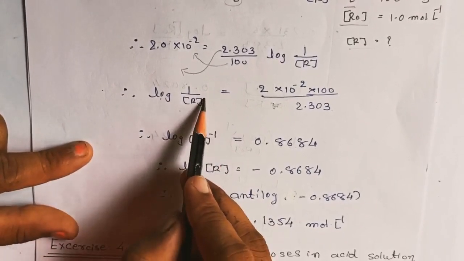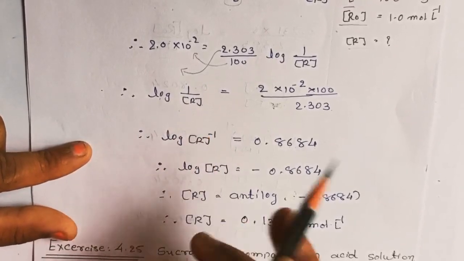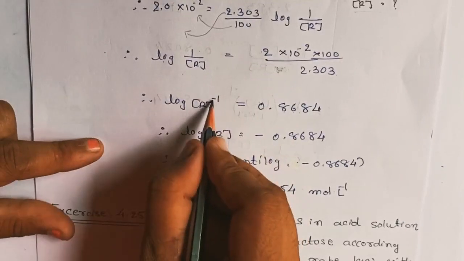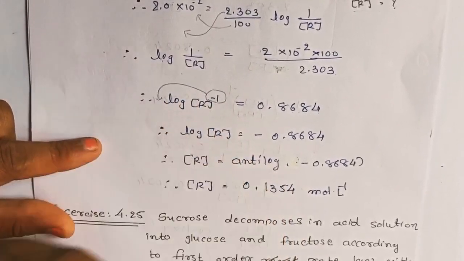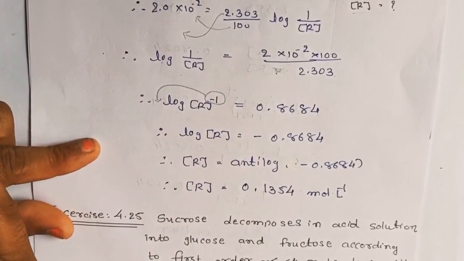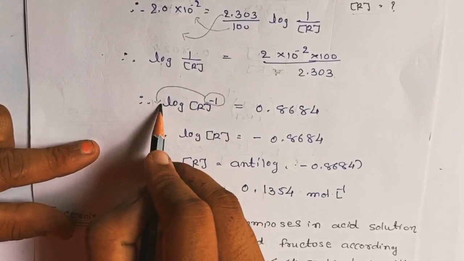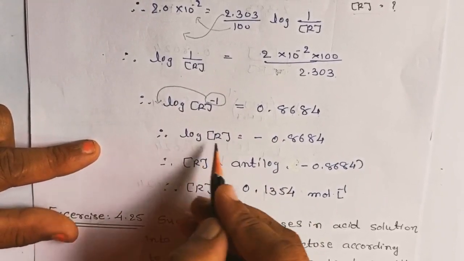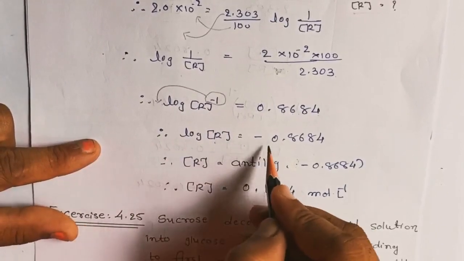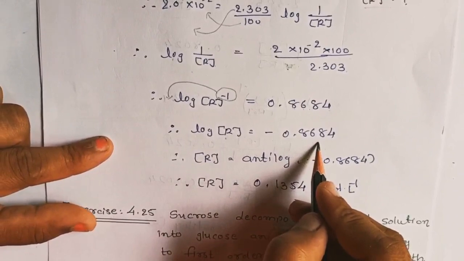The term which is in the denominator goes to the numerator, so its power becomes -1. Now this -1 exponent goes in the multiplication of that log. If we multiply both sides by -1, we will get log concentration of R equal to minus 0.8684.